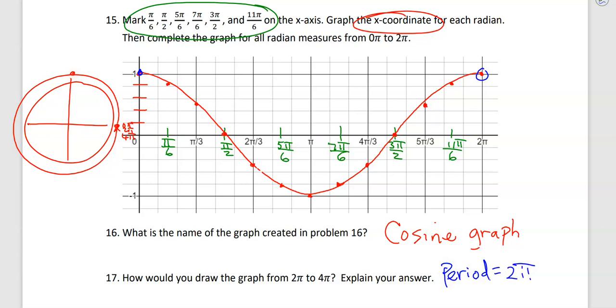So going back to the periodic function from lesson 1, I expect that every time I add on 2 pi, I'm going to get back to the same answer as the original answer. For example, at 0, if I add 2 pi, they're both 1. If I add 2 more pi, it's 4 pi, I'm back to 1.